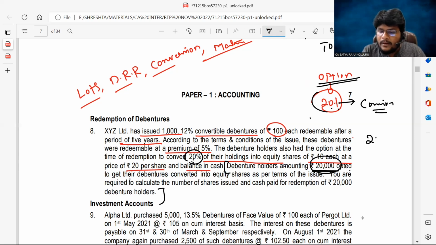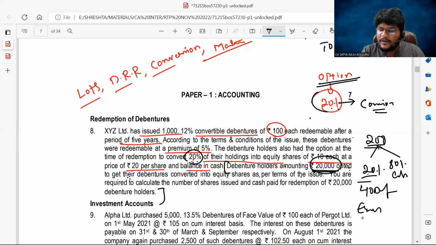So 200 into 20% means 40 debentures only we are going to convert into equity shares. Sir, what about the remaining 80%? For the remaining 80% we may pay cash directly.